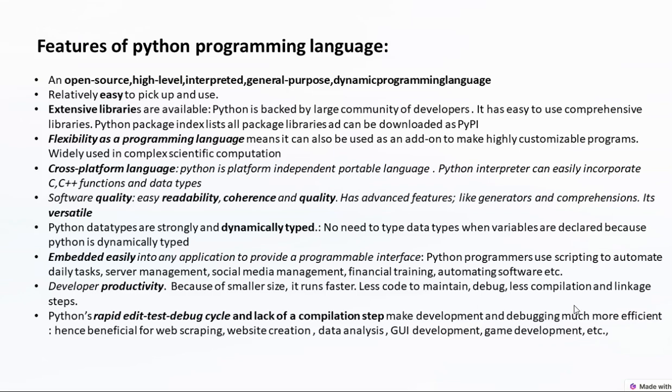It has fewer compilation steps and fewer linkage steps, and hence Python has a very rapid edit, test, debug cycle. Due to its lack of a compilation step, development and debugging are much more efficient, and hence Python is beneficial for web scraping, website creation, data analysis, GUI development, game development, and so on.